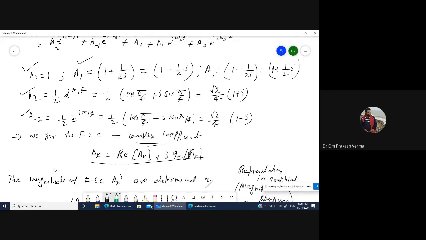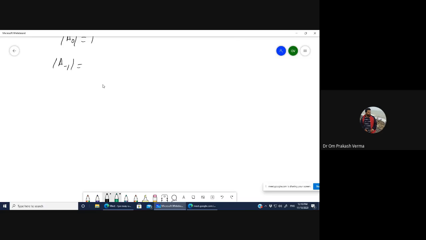Applying the equation, we get root 5 by 4, which is root 5 by 2, approximately equal to 1.118.